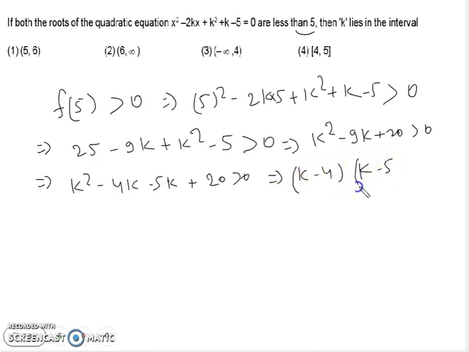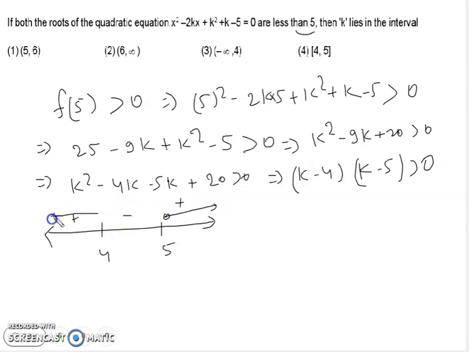We have two critical points, the first one is 4 and another is 5, and when we take a value greater than 5 we get a positive value, so this is positive, this is negative, and this is positive.